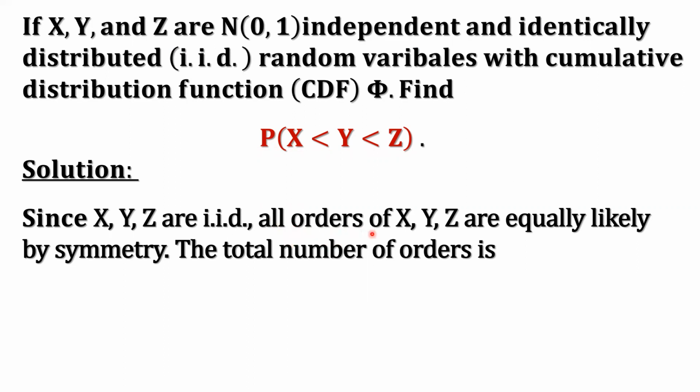So all orders of X, Y, Z are equally likely because that's symmetrical, right? X, Y, Z all have the same property: same distribution and independent.